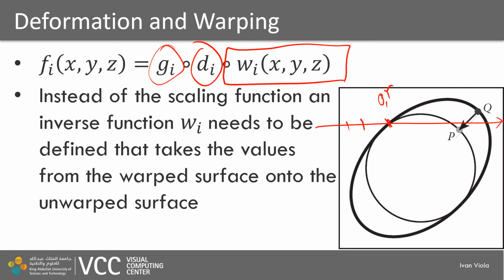If we continue, because our representation is transparent, then we can sample further, and at this position we will have the value 0.5. So it will sort of scale the value. It will tell us, I am the value which you would find at this position. It's an inverse warping. It's not that we are informing how to get from a point on the surface to a new point, but from a new point, how do I get to the old surface? That's what the warping function is storing.